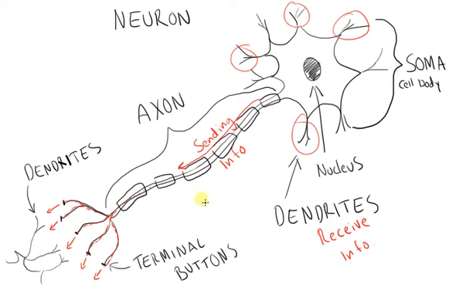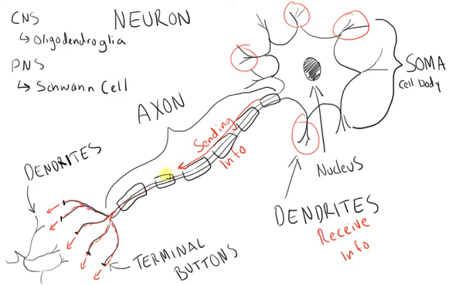One little tidbit we can talk about, that in your central nervous system, I'll write up here, these cells are called oligodendroglia. And in the peripheral nervous system, which is outside your brain and spinal cord, so like your nerves, they're called Schwann cells.